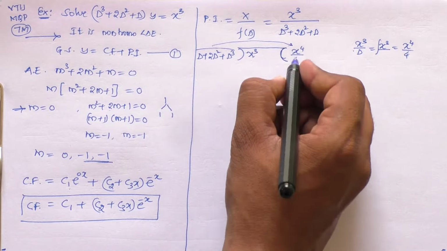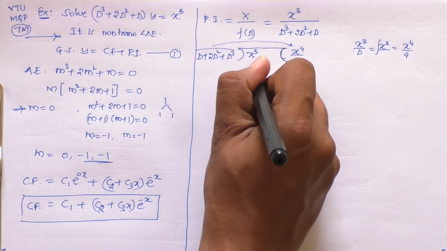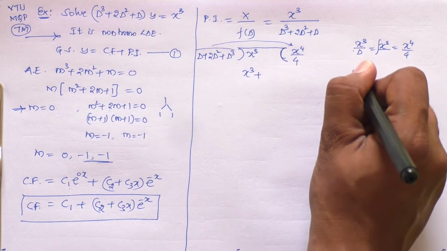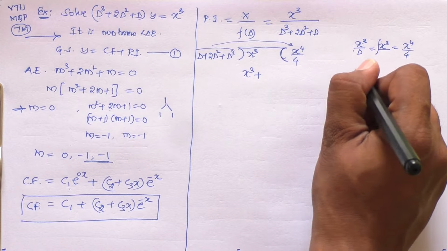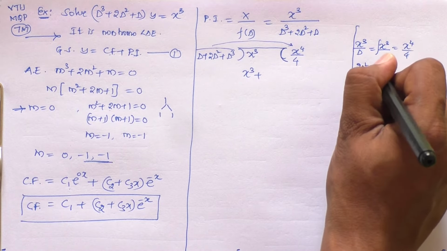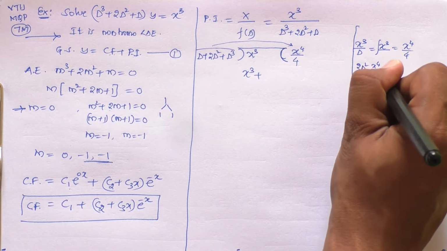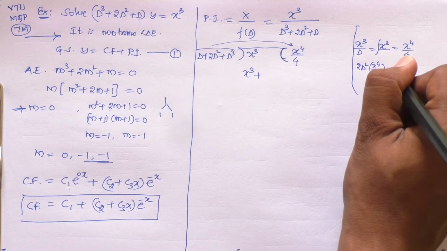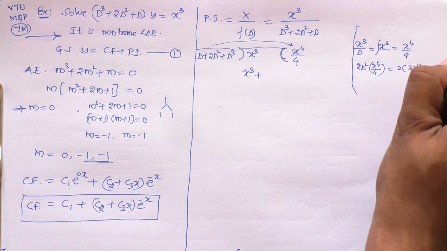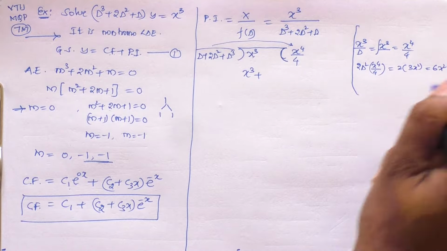First D of x raised to 4 by 4, which is x cube, plus 2D square of x raised to 4 by 4. Differentiating 2 times gives 2 into 3x square, so in total it will be 6x square.